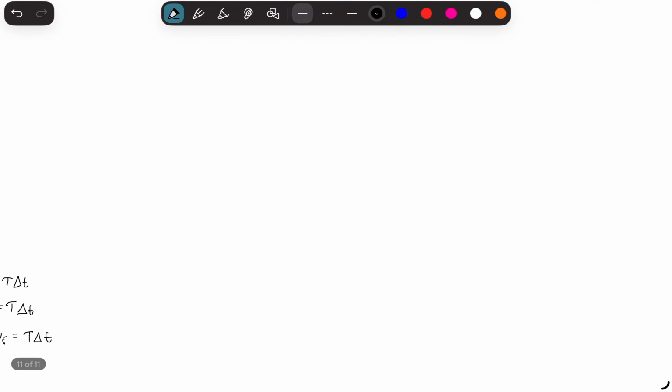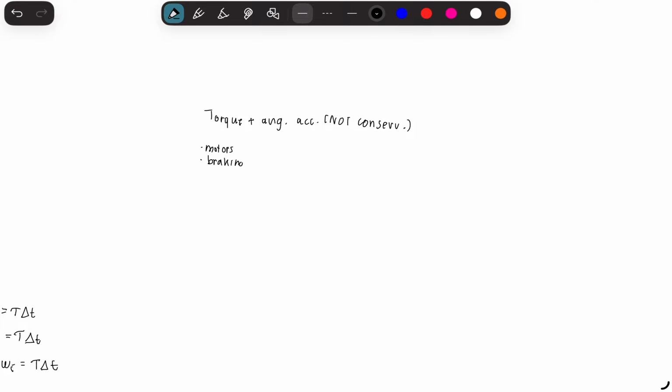Now, what if you have torque and you also need to find angular acceleration, but angular momentum is not conserved? When this happens, we're going to see motors and also braking wheels. And that also means that we have external torque.